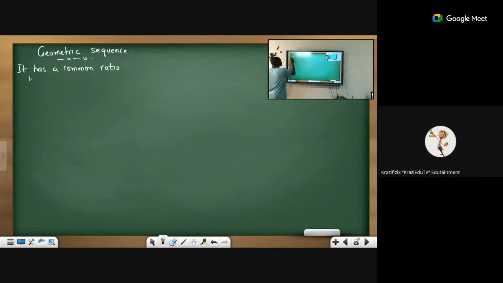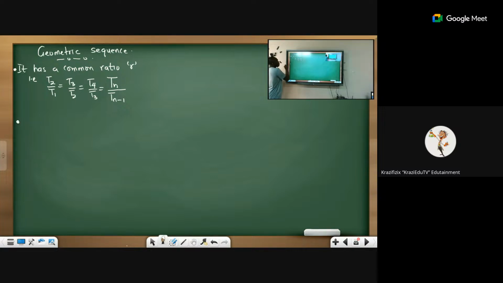That is T2 over T1, common ratio R, will be the same as T3 over T2, which will be the same as T4 over T3. Can we say Tn over Tn minus 1? It is not a difference now. It is a ratio. We divide. Are we okay? Arithmetic is a difference. This one is a ratio. So that is point number 1.